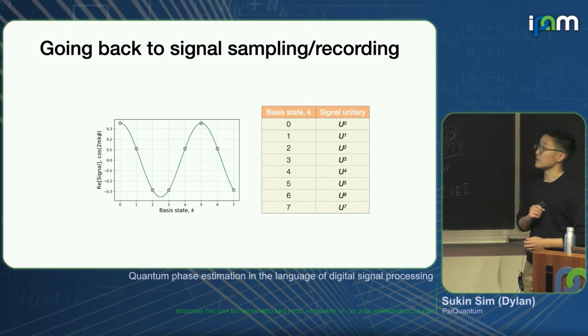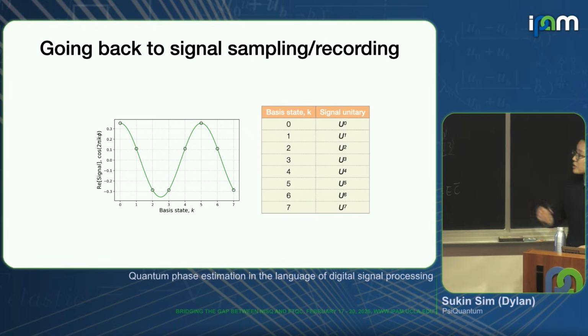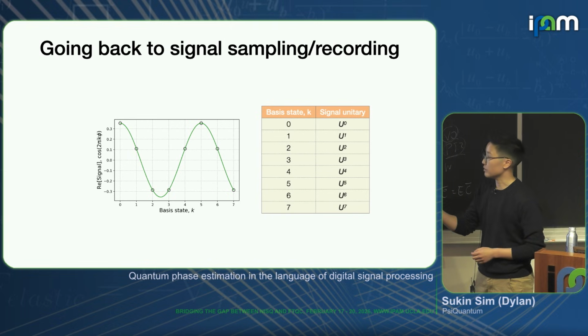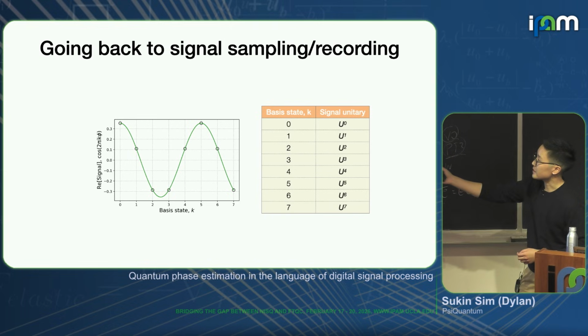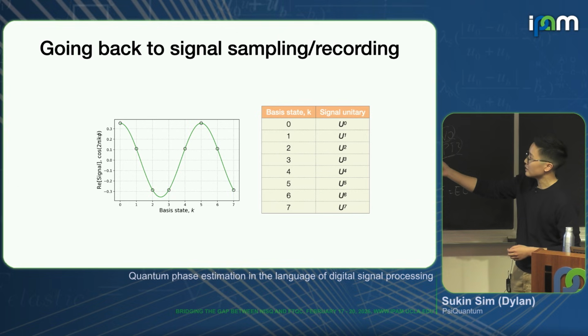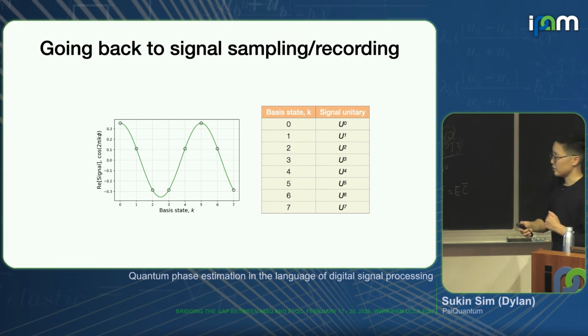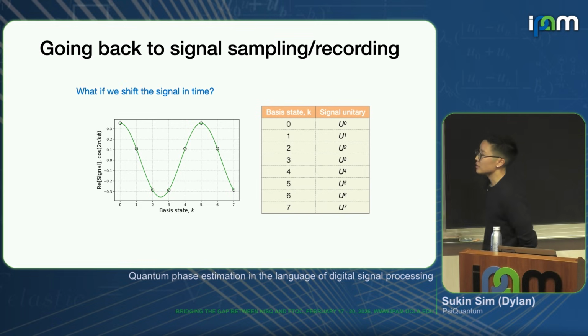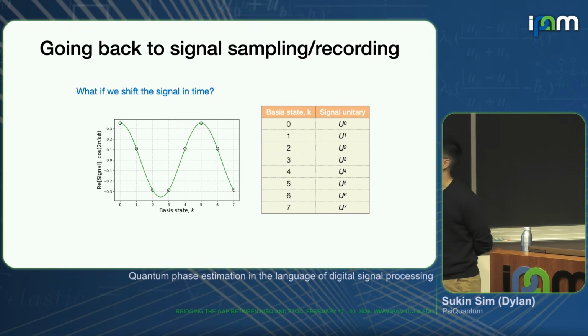To motivate a particular trick from literature that can cut the number of queries by a factor of 2, we're going to go back to the signal sampling picture. This is again the 3-qubit case of the phase register just before the inverse QFT, where depending on the basis state labeled K, we're applying the phase kickback operator U to the power of K. But what if we were able to shift the signal in time?